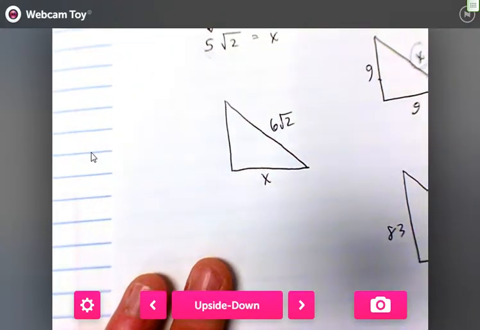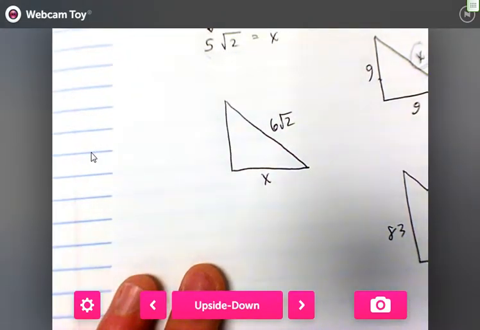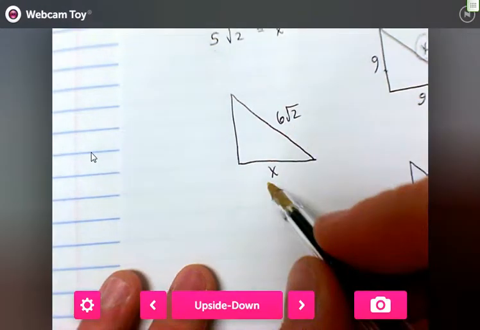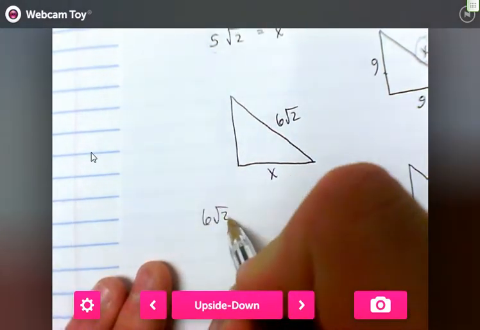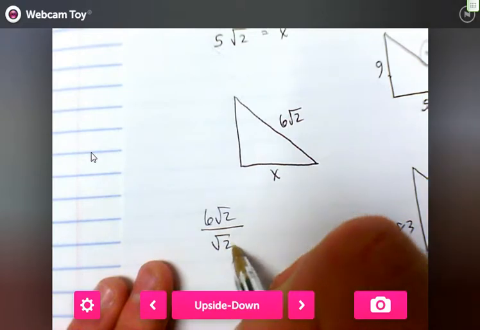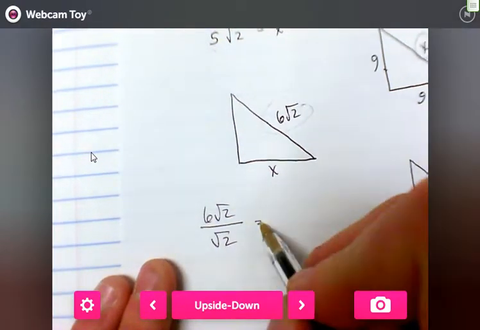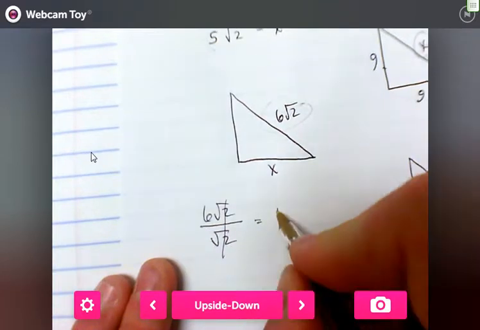So how do we find x? Why is it 6? Because we divided this 6 root 2 by root 2, because 6 root 2 is the big one. And so then we can cancel out these 2's and we just get 6.